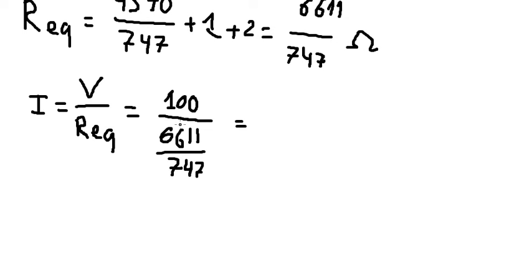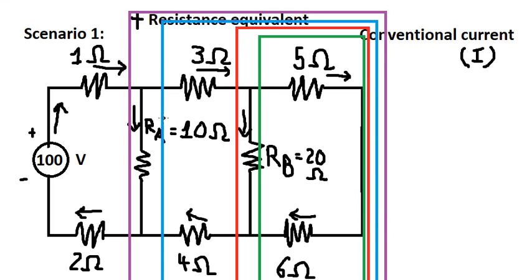So we calculate this one. We have 74,700 divided by 6,611 amperes. Now we need to find the current of RA and RB in here.